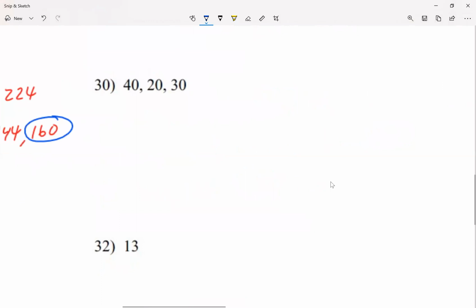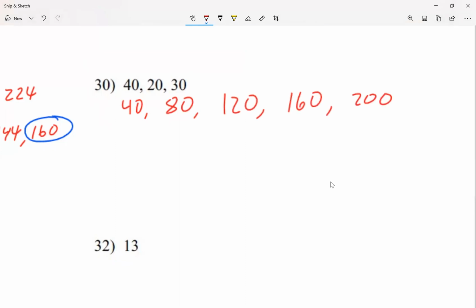All right, let's take a look at number 30. Let me find multiples of 40. So I'm going to go 40, 80, 120, 160, 200. Let me find some multiples of 20.